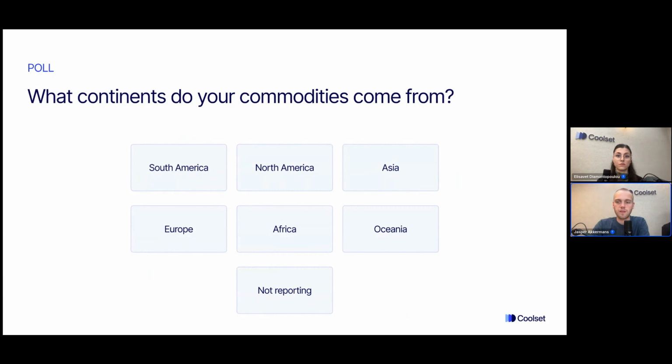Curious to see. So we're seeing here most companies that report are importing or trading from within Europe with 27%, followed by Asia with 22%, South America with 14%, North America with 10%, Africa 6%, and Oceania 2%. I think that's a pretty interesting discussion.